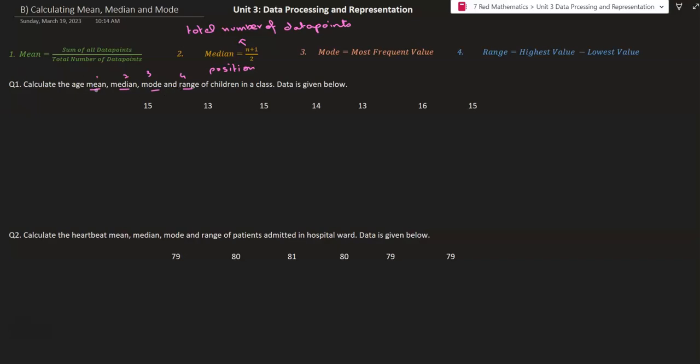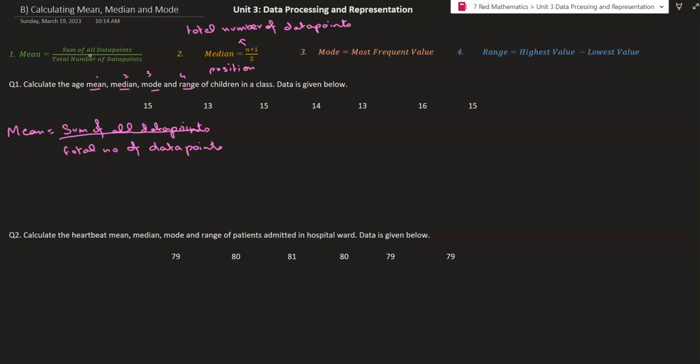Now the first stat is basically mean, and the mean says that it's the sum of all data points divided by the total number of data points.